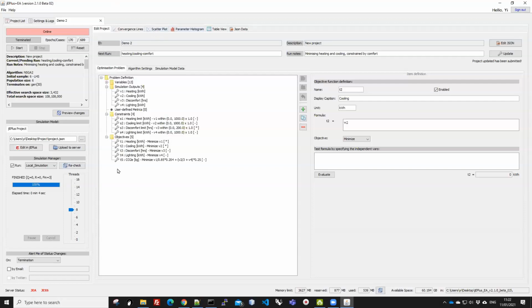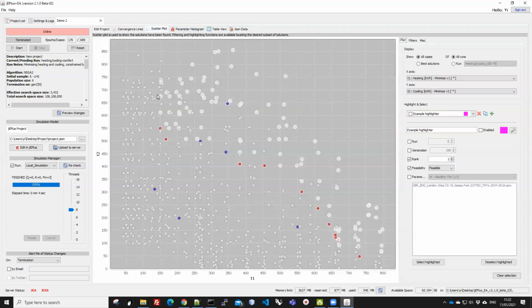You can do optimization in DesignBuilder, but it's not easy to change objectives, change constraints, and look at your solutions in a flexible way, like this tool. Although the algorithm is exactly the same. Actually, DesignBuilder's optimization algorithm is the same code base as this tool here.